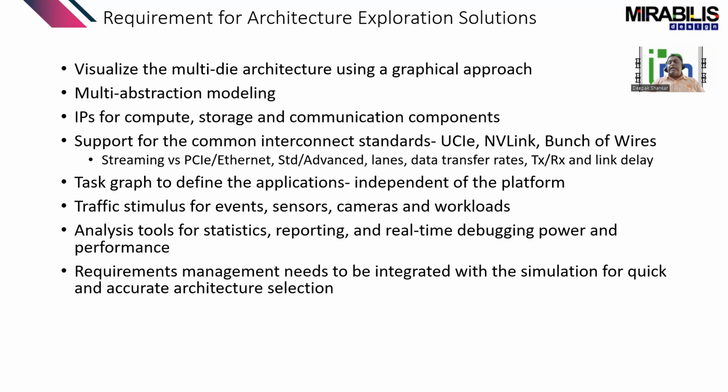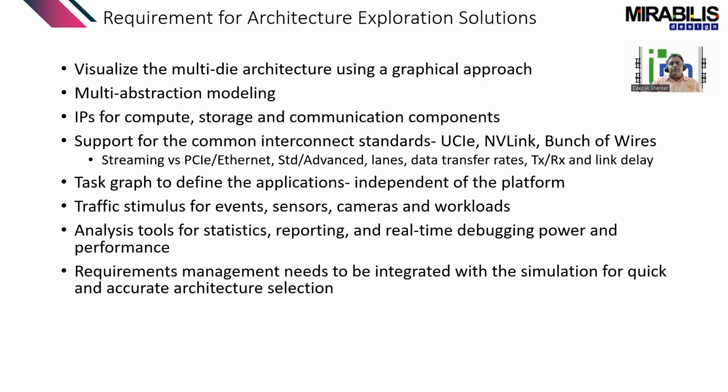Of course, one of the key things for system-level modeling is that you need all the different interconnects or interfaces modeled completely, plus all the different types of IPs, whether compute, storage, communication, scheduling, or other technologies. Now, one of the key things when you're doing architecture exploration is that you tend not to have the software.